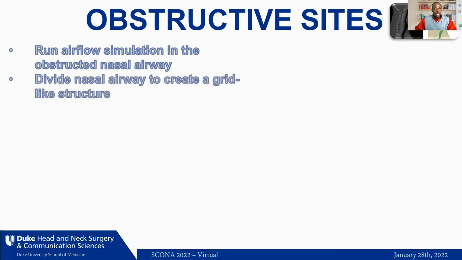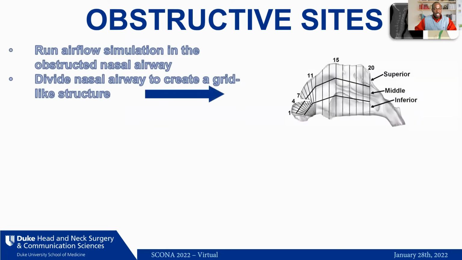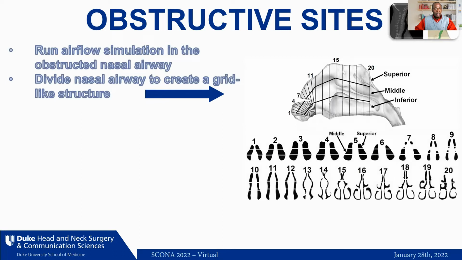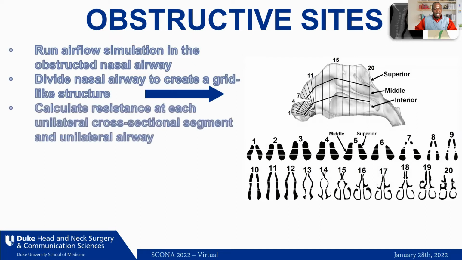Next, the airway is divided to create a grid-like structure such that each cross-section looks like this. We would then calculate nasal resistance values at all the segments, which are those segments shown in stars.